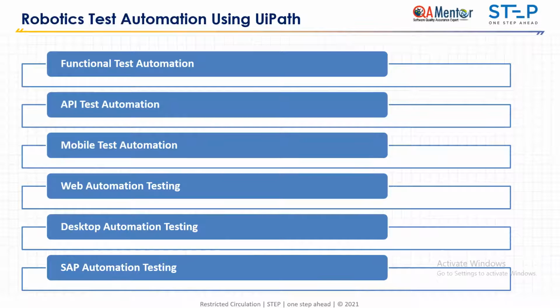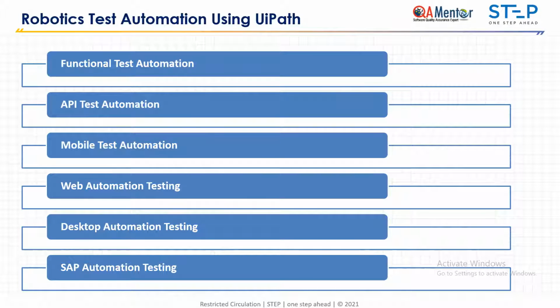We are doing automation for banks, for the insurance domain, and for the e-commerce domain. So different types of test cases and different types of suites can be run. You can see we can do functional test automation, regression testing, API test automation, mobile test automation, web automation, desktop automation, and SAP automation.